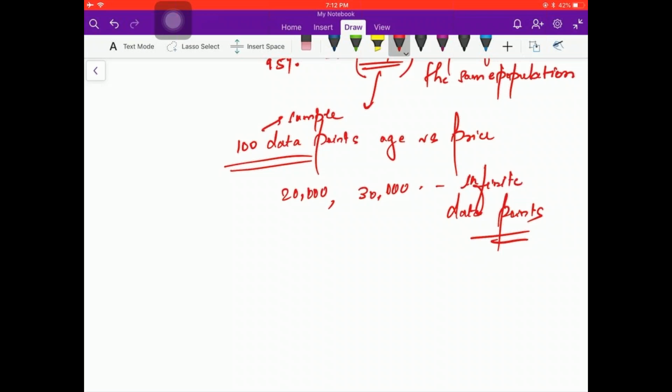Practically it's not possible to collect everyone's data, right? So you just went to, for example, 200 houses and got 100 data points. That is a sample that you have collected. Now, how confident are you that this sample is a correct representation of the population? That is the confidence interval, or the confidence. So you're 95% confident that the sample you have picked up is a representation of the population.